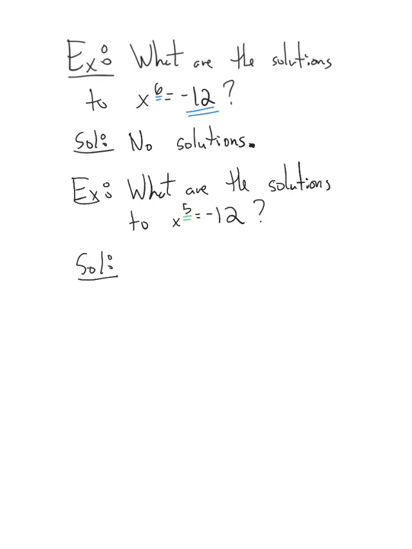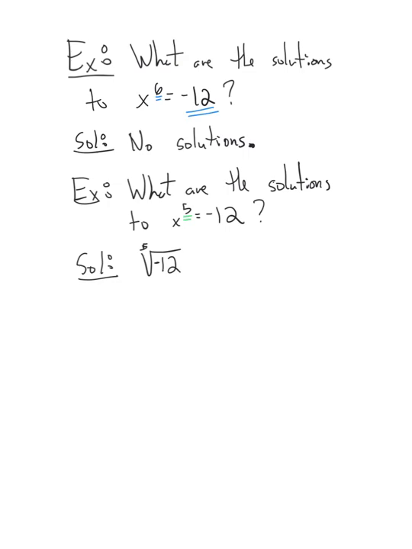So that means there's always going to be exactly one root. So it's going to be the 5th root of whatever we're taking the 5th root of, negative 12. We don't have to worry about positives or negatives when we have an odd power.